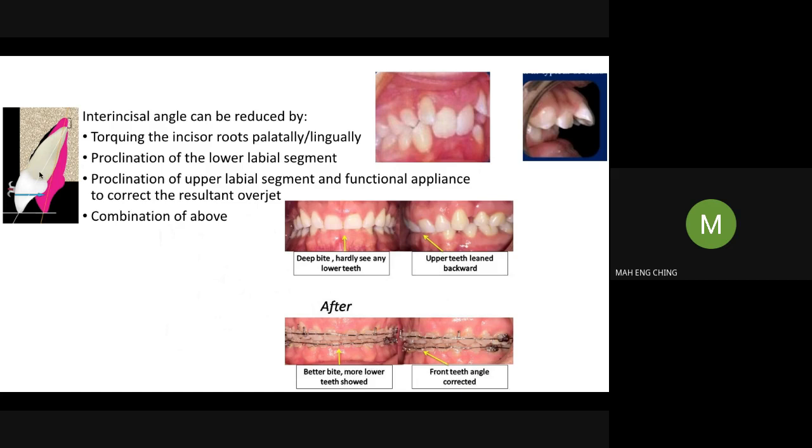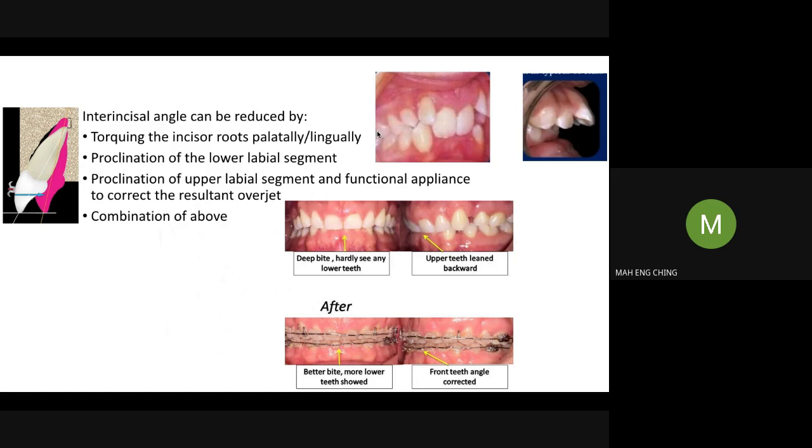So proclination of the lower labial segment, then proclination of the upper labial segment, and a functional appliance to correct the resultant overjet. So sometimes in class 2 division 2, the upper central incisors retroclined, but the lateral incisors proclined. So how are we going to do it? We will convert this class 2 division 2 to class 2 division 1.